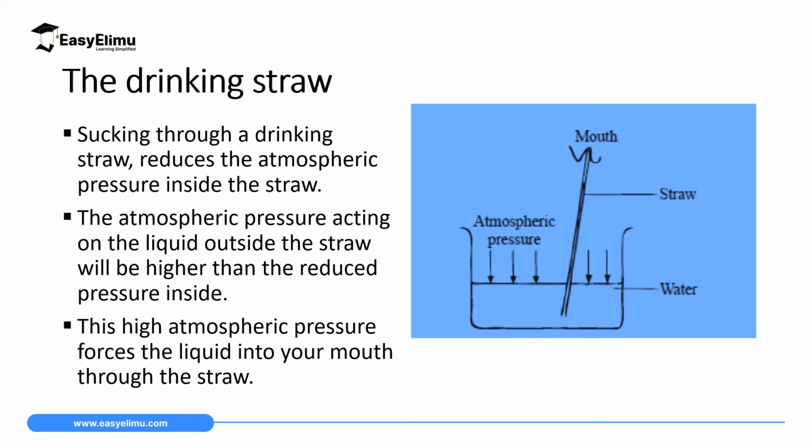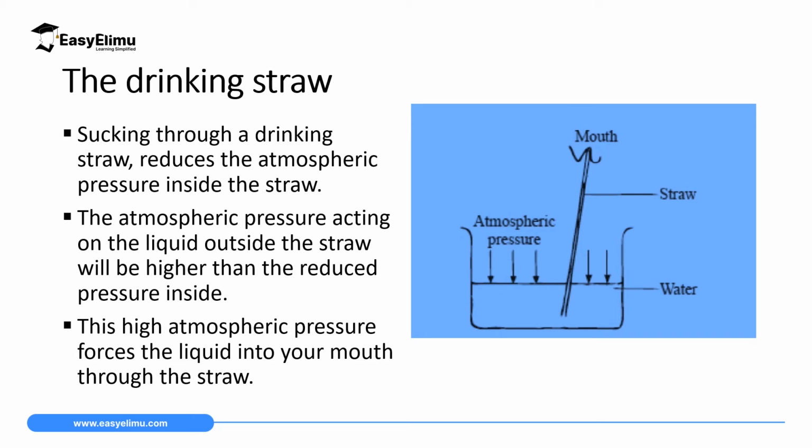Now, when you want the liquid to rise into your mouth, what do you do? You suck the air which is inside the straw. So the straw will remain almost empty. When the straw remains almost empty, it means atmospheric pressure inside the straw will be low.